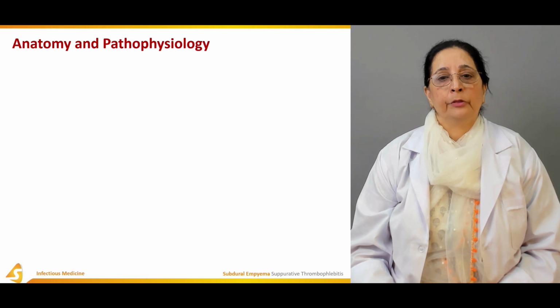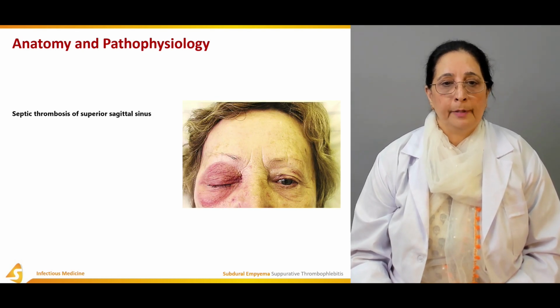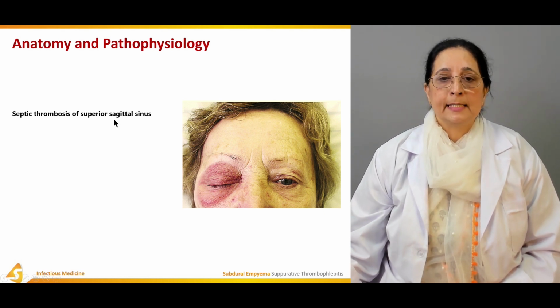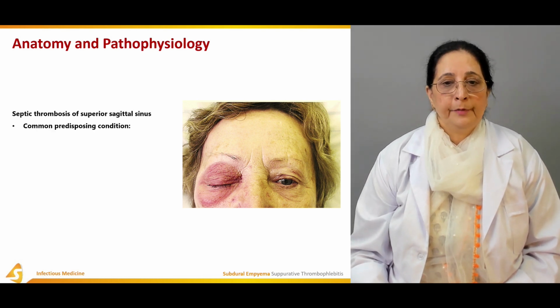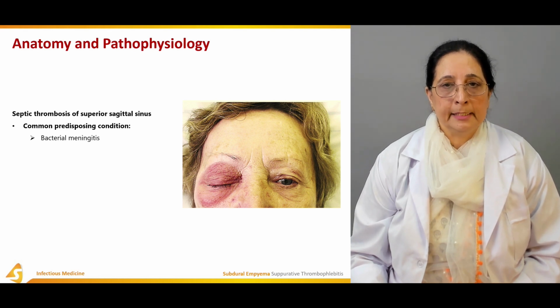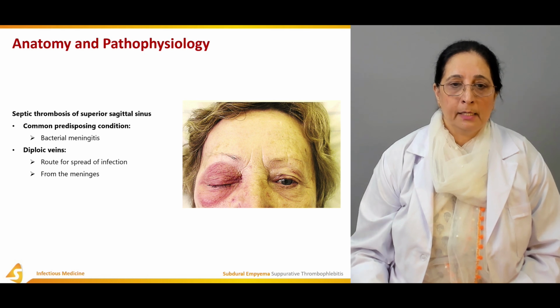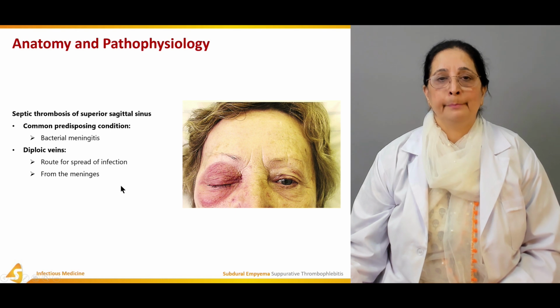Anatomy and pathophysiology of suppurative thrombophlebitis: septic thrombosis of the superior sagittal sinus. Common predisposing conditions are bacterial meningitis, with the diploic veins being the route for spread of infection from the meninges.